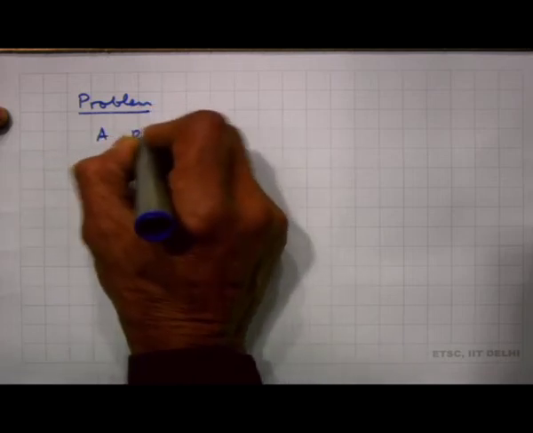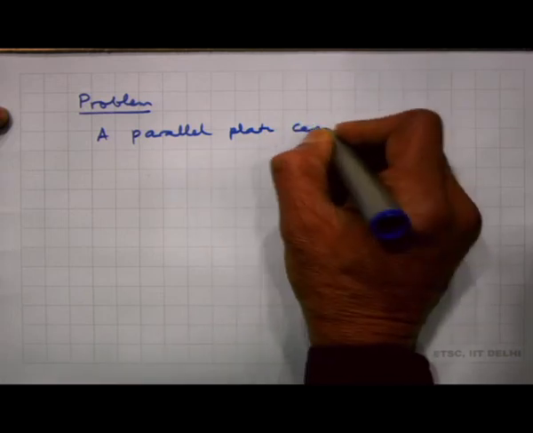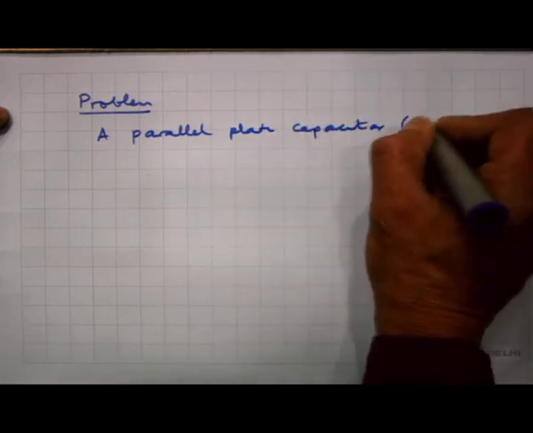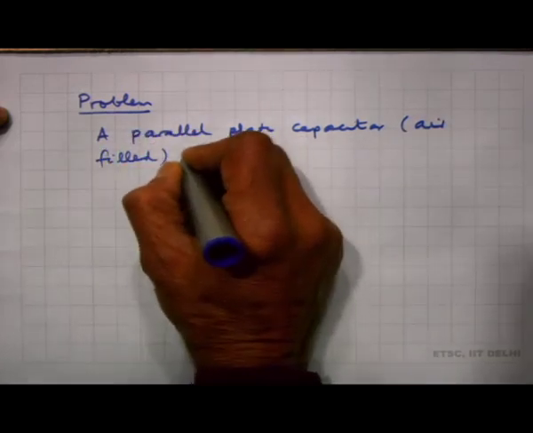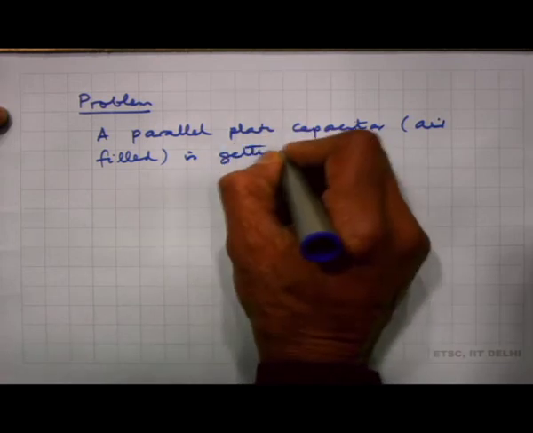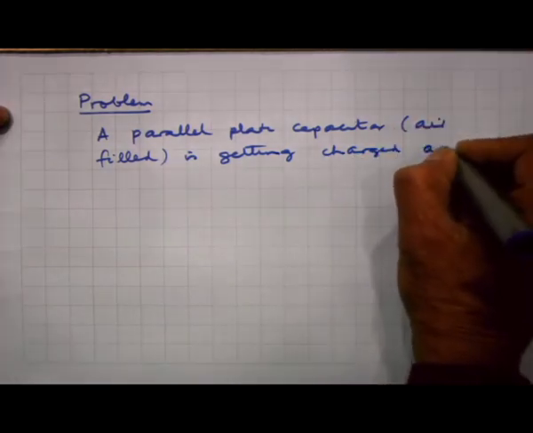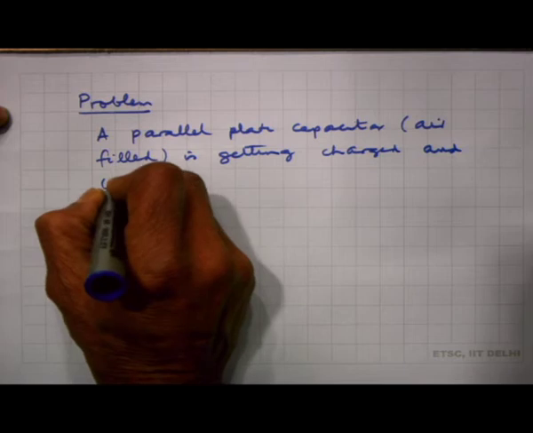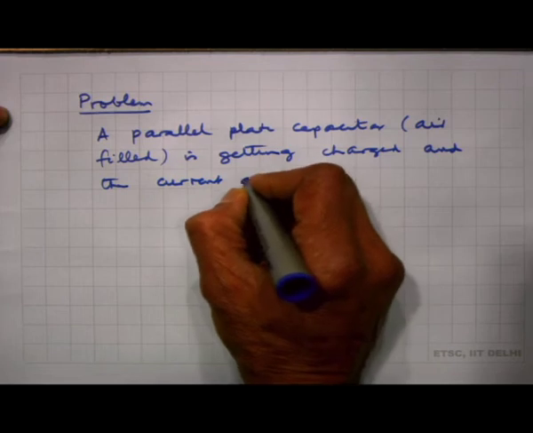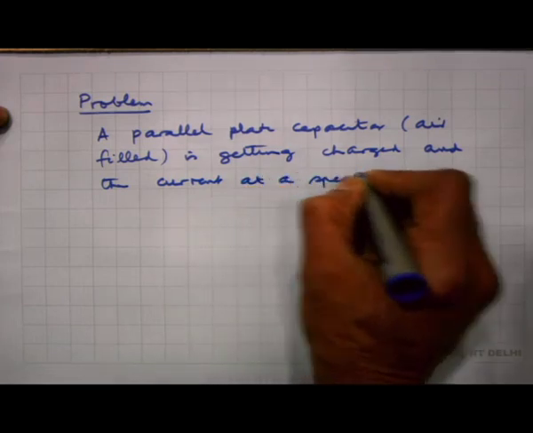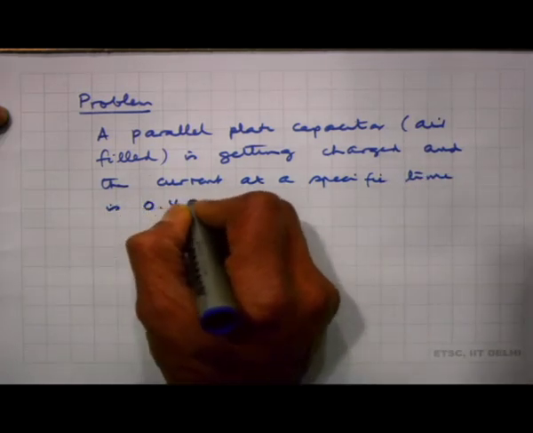A parallel plate capacitor, air filled, is getting charged and the current at a specific time is 0.45 amperes.